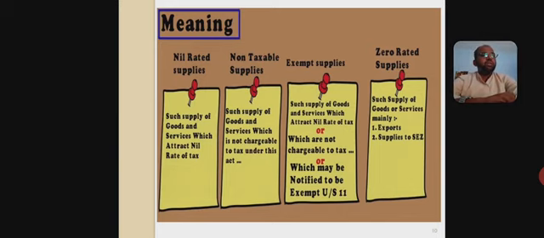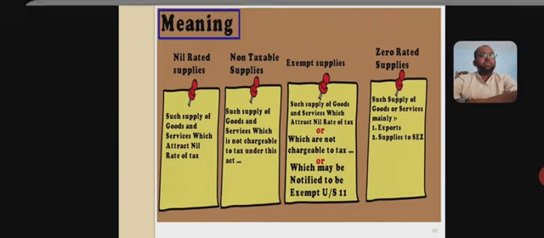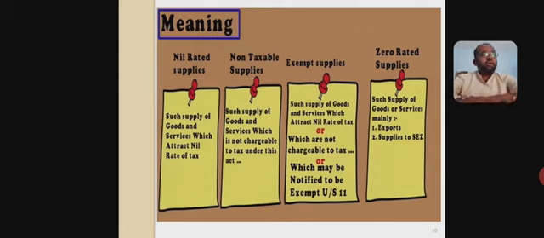Examples are electricity, alcohol or petroleum products; these products do not attract any GST. It means these products have to be kept outside the GST. That's why these goods or services are not chargeable to tax under the GST Act.